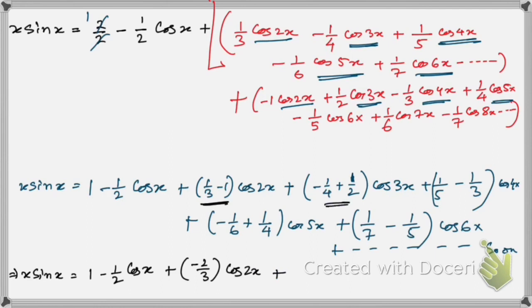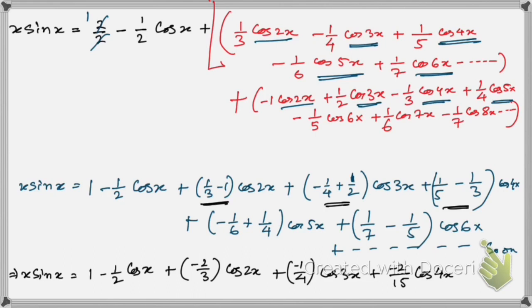Then from this 2 you're gonna have minus 1 by 4, because there's gonna be 4 minus 1 plus 2, that's gonna be minus 1 by 4 cos thrice x. And in the next term, what are you gonna have? Minus 2 by 15 from this term. So we have got cos 4x.